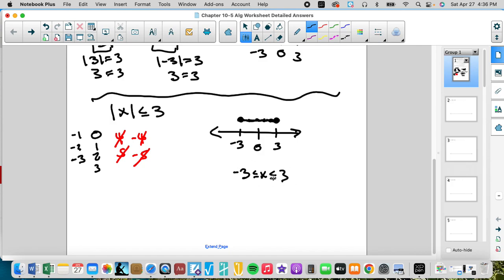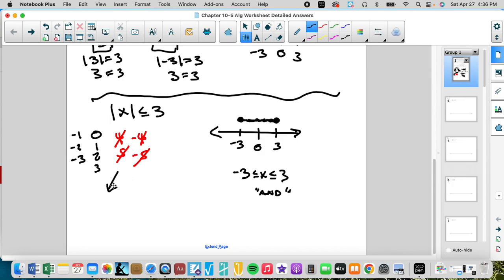That's a compound inequality, and that would be an and. So this gives you a little hint into absolute values with less than: less than signs are going to be an and. We're going to create two statements, separate them, and then create an and statement.